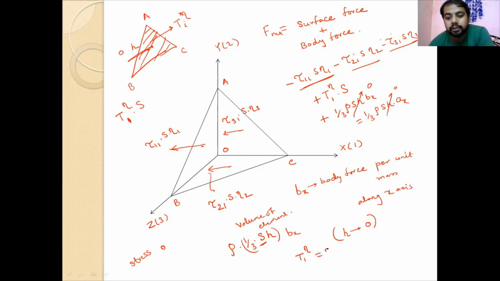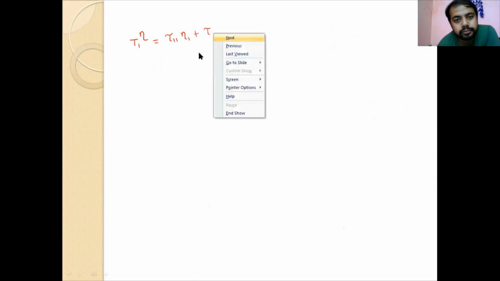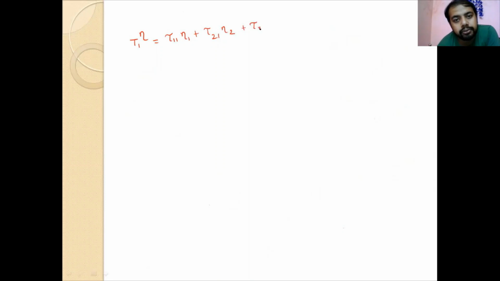Tau 1n equals tau 11 n1 plus tau 21 n2 plus tau 31 n3. So what you are getting in this equation, first along the x-axis, the traction vector is equal to tau 11 n1, tau 21 n2, tau 31 n3.